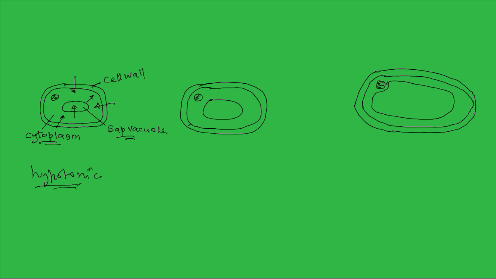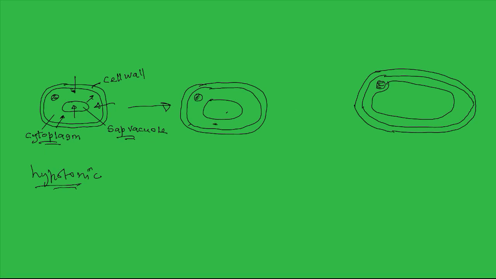Now, remember, the cell wall is rigid as a result of the cellulose. So in resisting the stretching, the cell wall will exert an opposite and equal force.